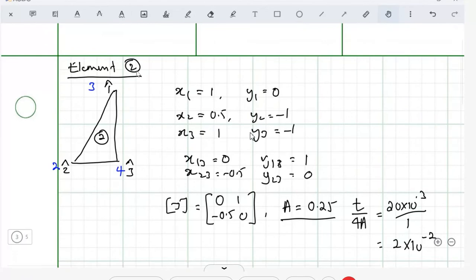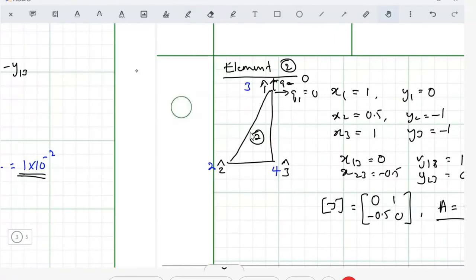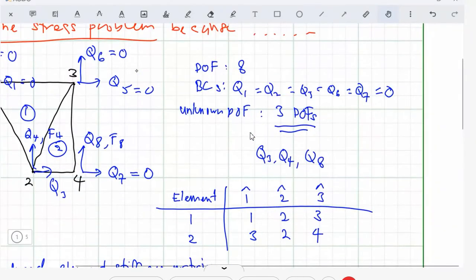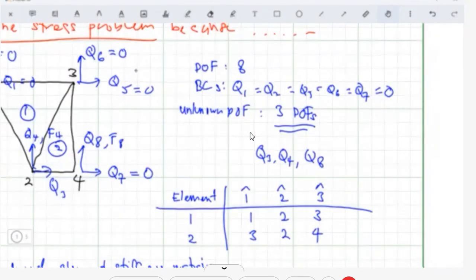Now, again, if you look at our second element here, we note that Q1, Q2 is equal to 0 and 0, right? Because at node number 3, there is a pin, so this is 0 and 0.